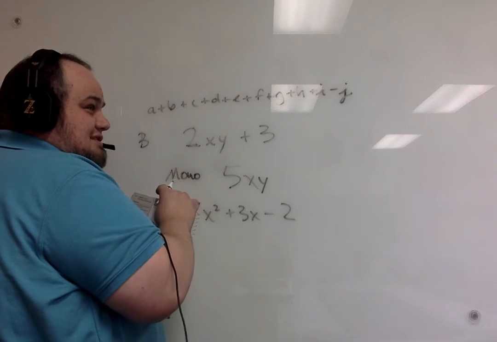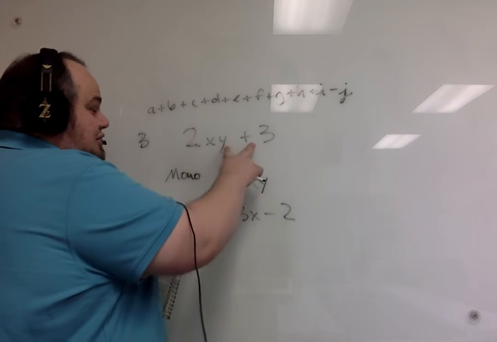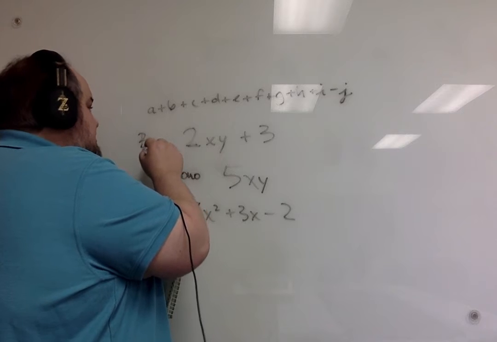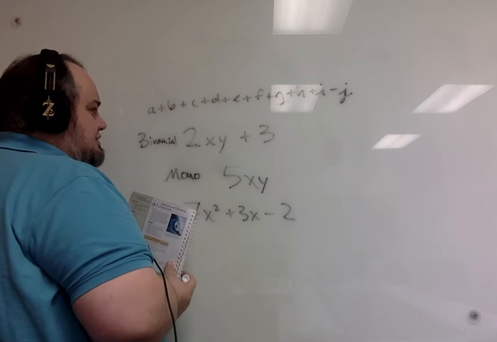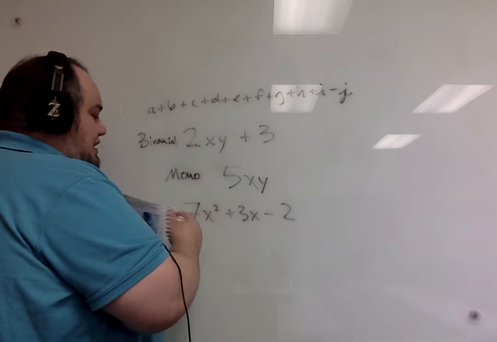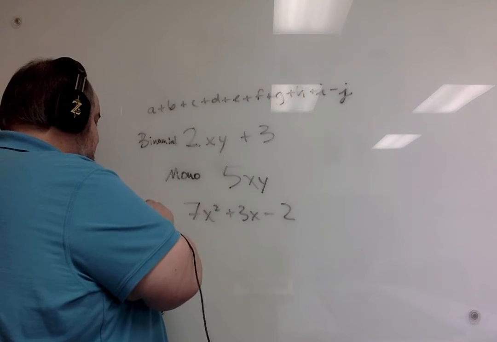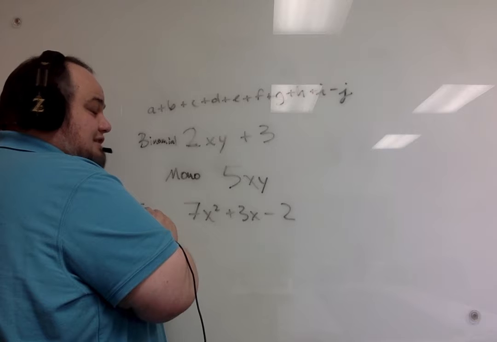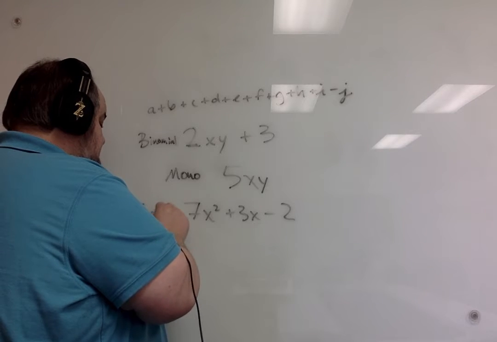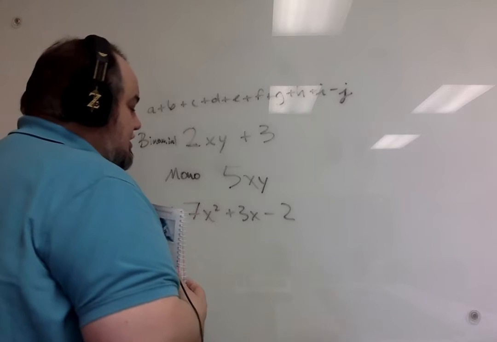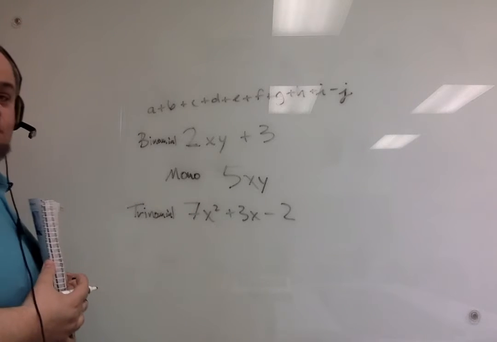Think of the word bicycle. It has 2 wheels. Well, a binomial has 2 terms. And then a trinomial, just like its prefix implies, has 3 terms.